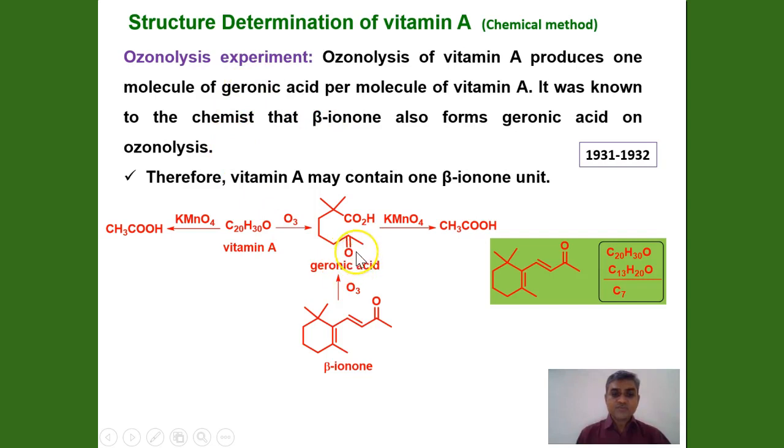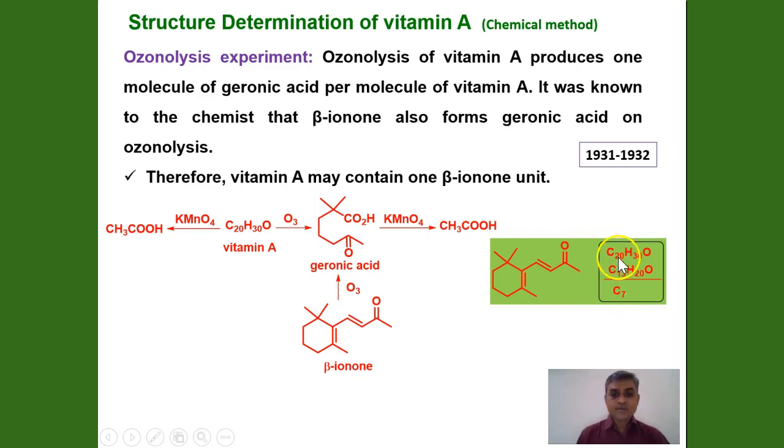This is very important information because this is the structure of beta-ionone, and beta-ionone corresponds to C13H20O. So if you subtract the molecular formula of beta-ionone from vitamin A, 7 carbon atoms are left.